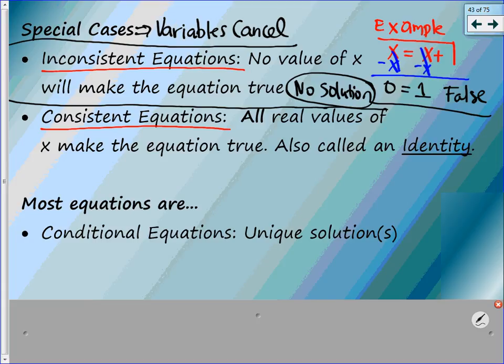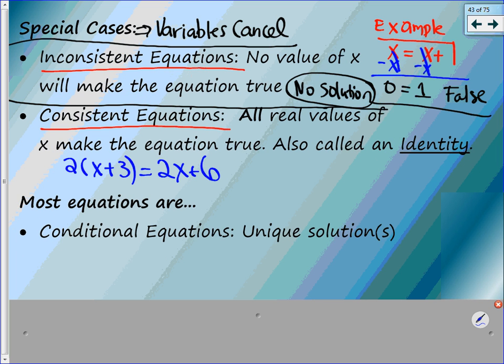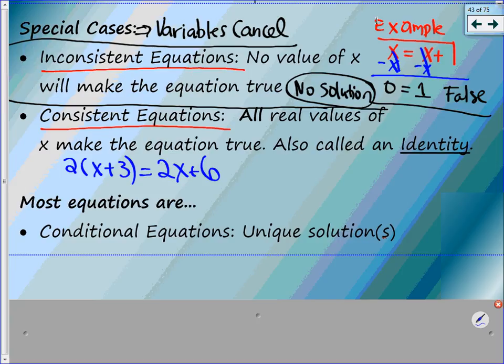Another example I can give you would be an example of a consistent equation. A consistent equation would be something like this: 2x plus 3 equals 2x plus 6. If I go ahead and solve that, what's going to happen is I'm going to distribute.